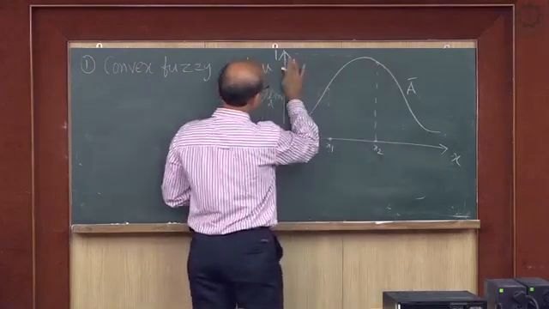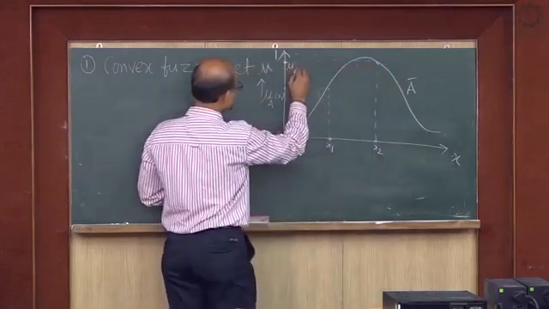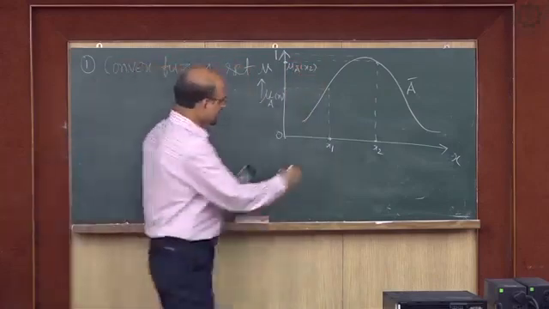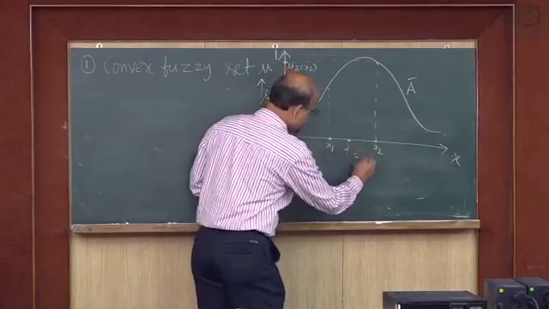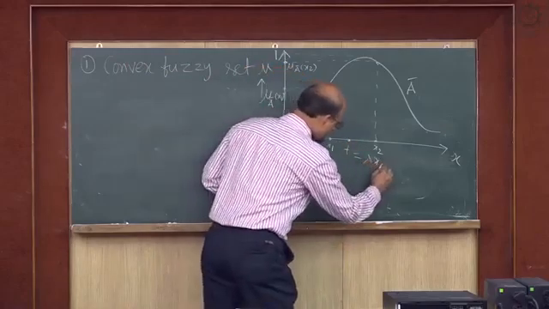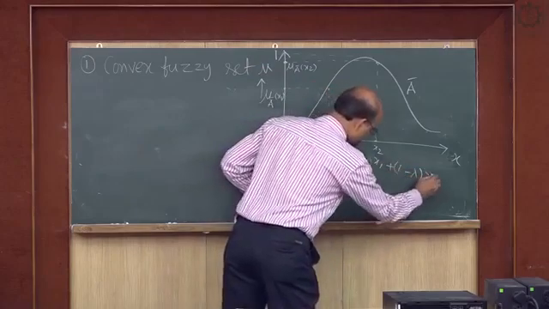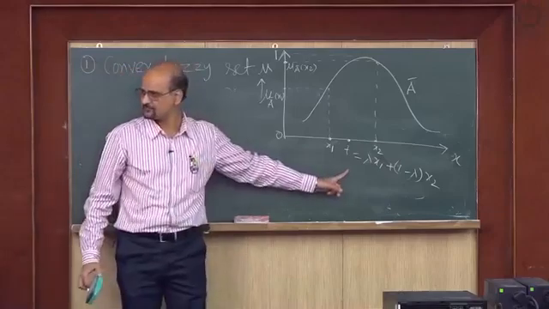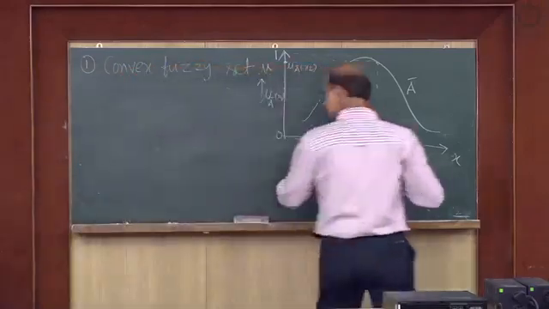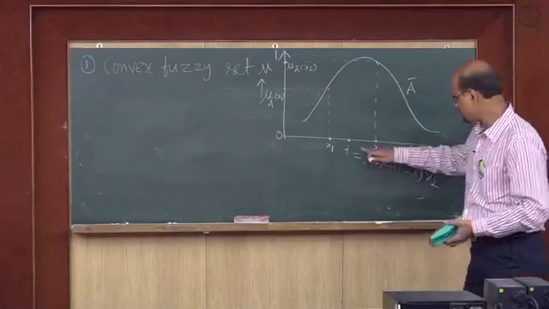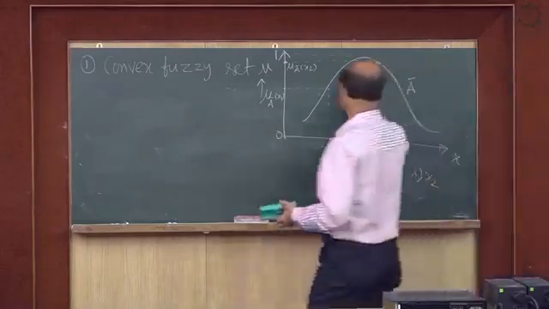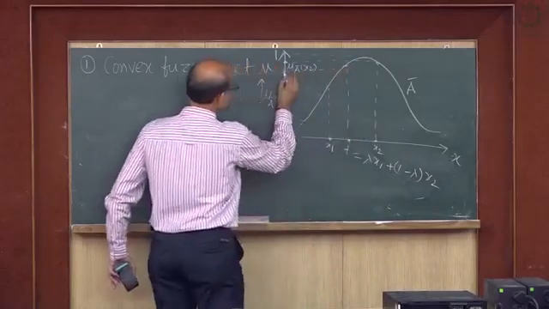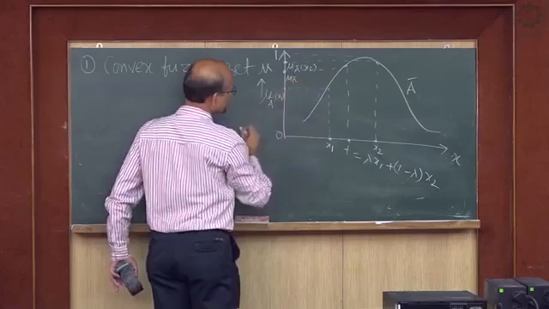So, this point is mu A bar x2. Okay. Now, let us take any other point t which is actually lambda x1 plus 1 minus lambda x2. For a particular lambda in 0 1, I can find this t. And it will be in between this x1 and x2 I am taking. Okay. Now, take a vertical line here and draw this horizontal line. So, this is your mu A bar of t.